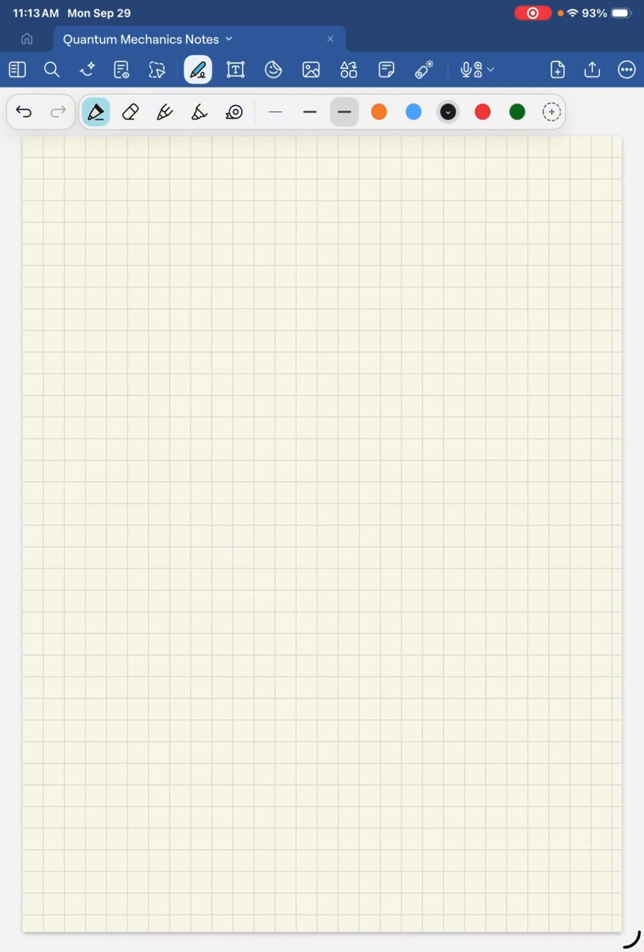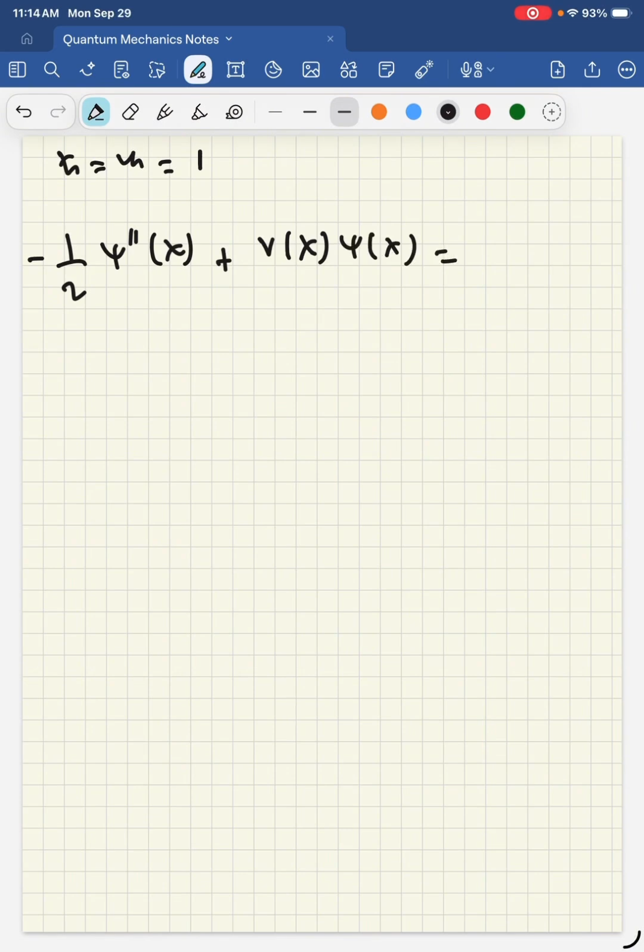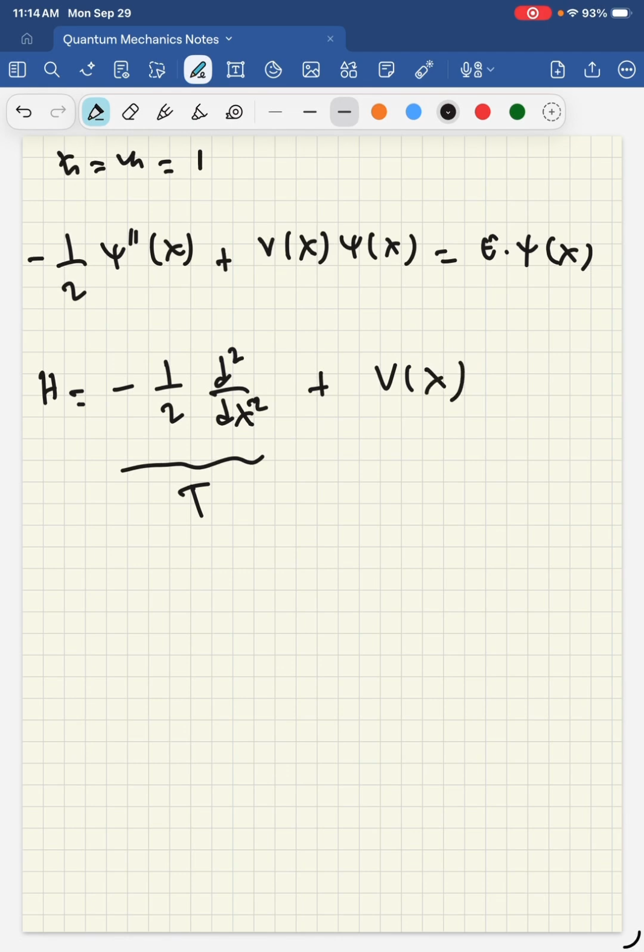Again, we want to solve the Schrödinger equation, which in units of h-bar equal to m equal to 1 is written as minus 1/2 psi double prime of x plus V of x psi of x equals E times psi of x. Okay? Now the Hamiltonian is this part, minus 1/2 d squared over dx squared, which is the kinetic energy operator, plus V of x.